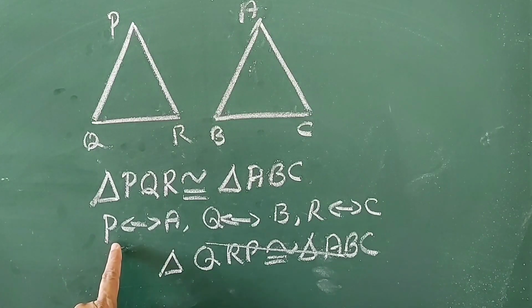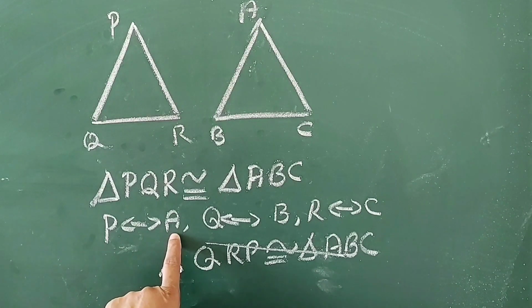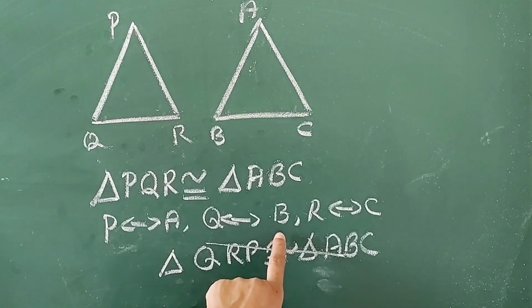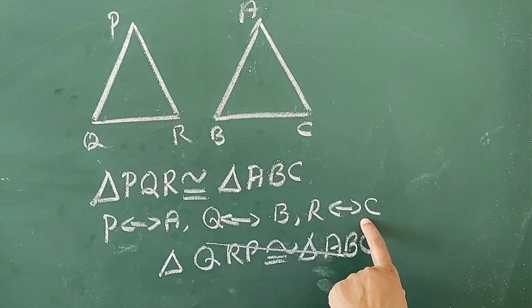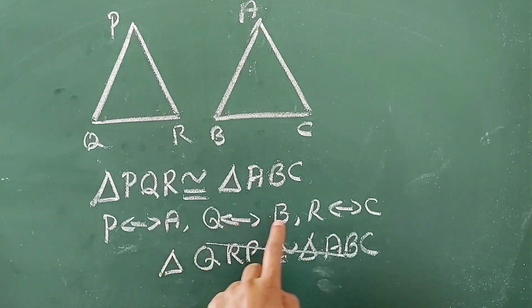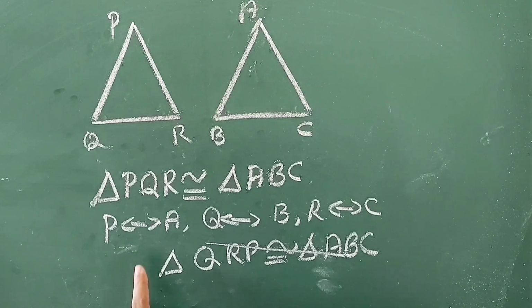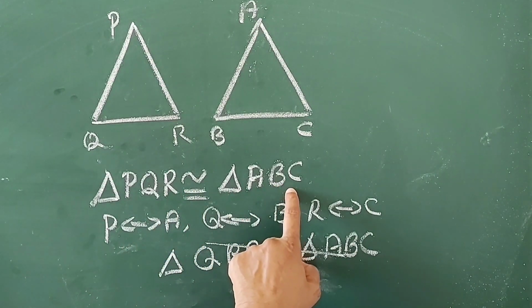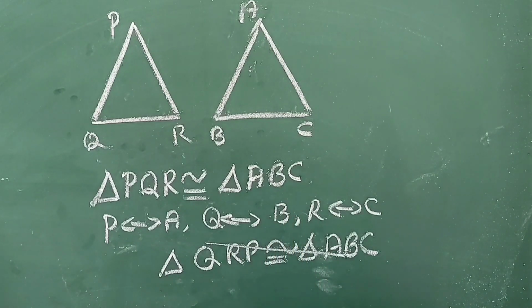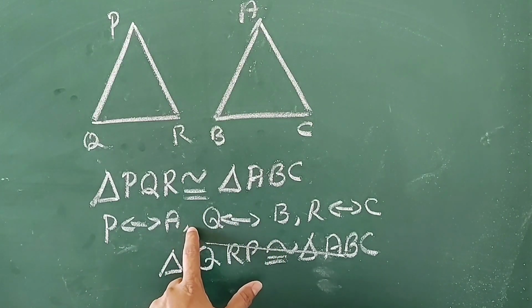So, vertex P corresponds to A, vertex Q corresponds to B, vertex R corresponds to C. Under this correspondence, triangle PQR is congruent to triangle ABC. But it will not be correct to write triangle QRP congruent to triangle ABC. This is not correct under this correspondence.